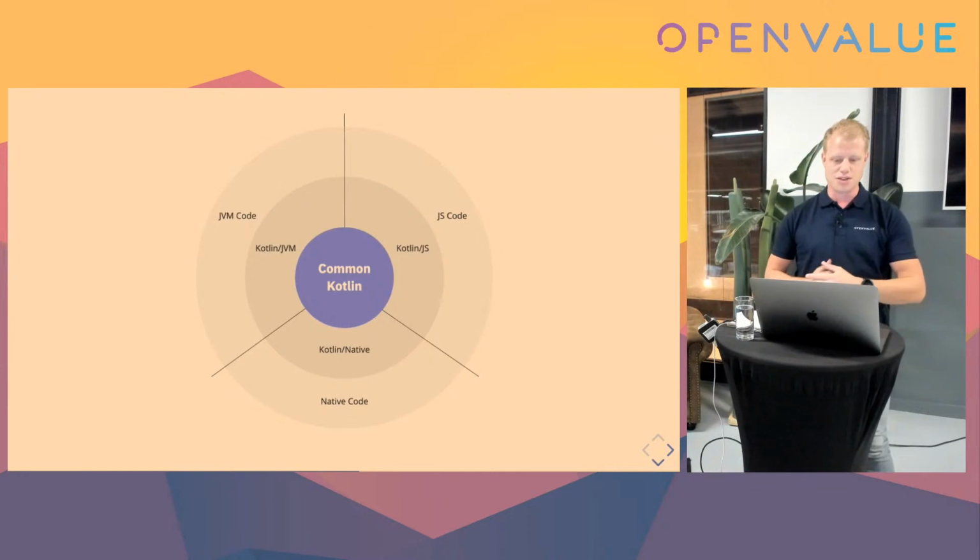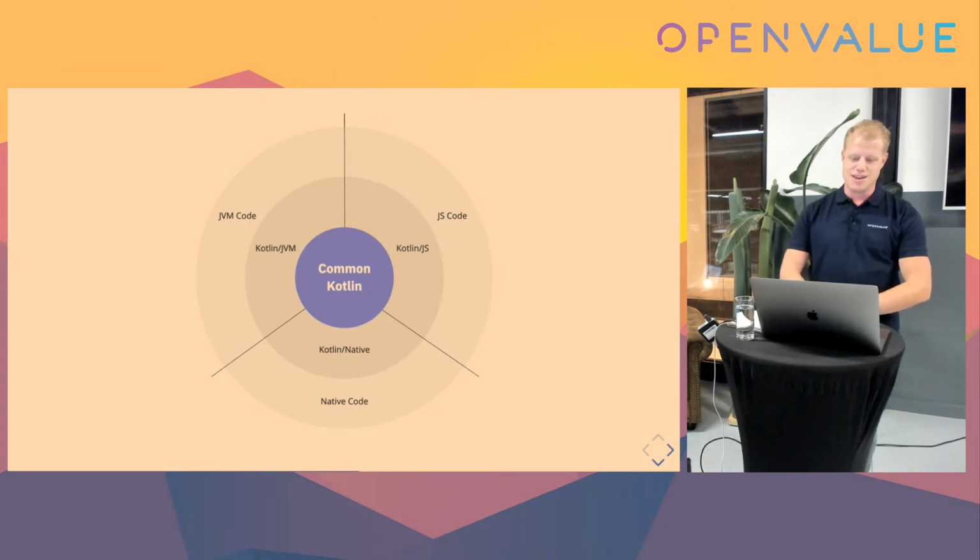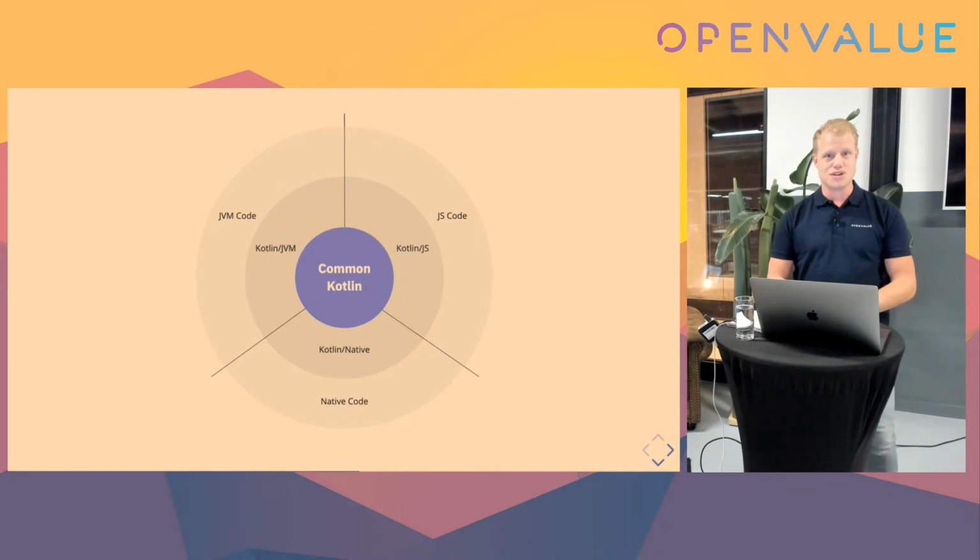Next, in the second ring, we have Kotlin/JVM, Kotlin/JS and Kotlin/Native. Those are platform-specific versions of Kotlin, and they include an extension of the Kotlin language, and form a bridge to the native code, which is in the third ring.